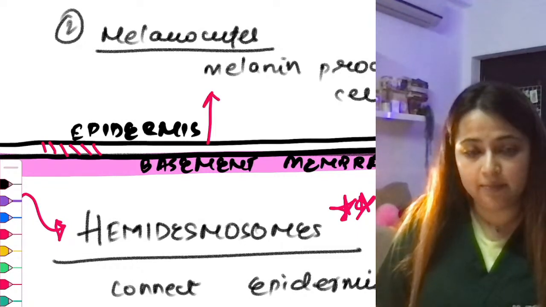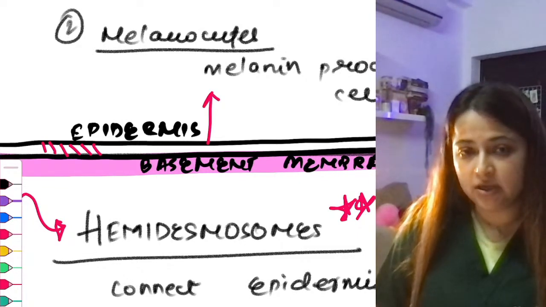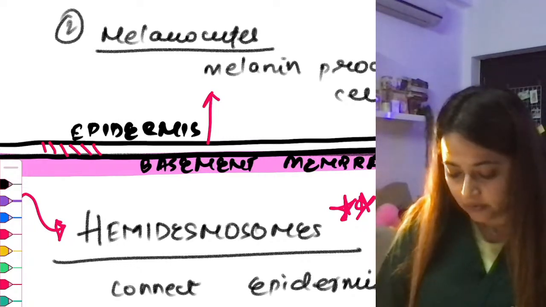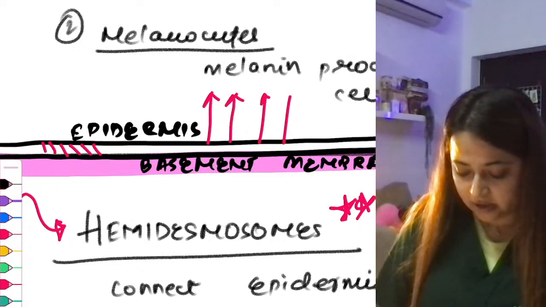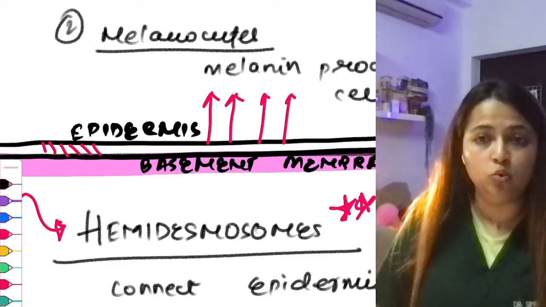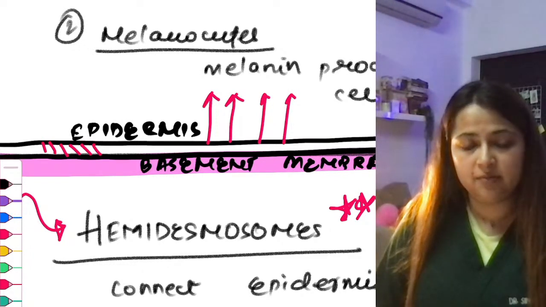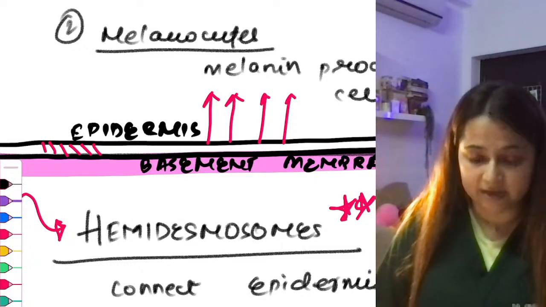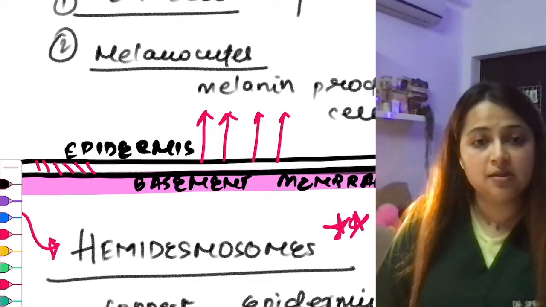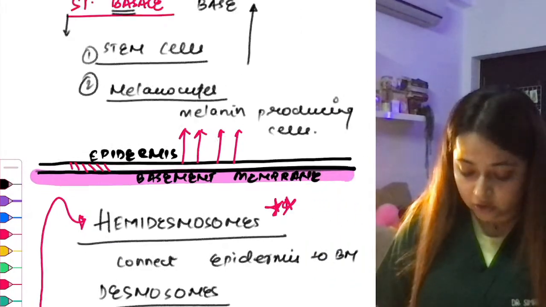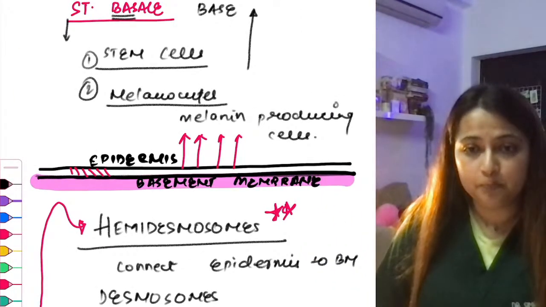Epidermal detachment. The epidermis will be detached from the underlying basement membrane, because the glue, or the Fevicol, you can say, that is present between the epidermis and the basement membrane and keeping them together is gone. That is hemidesmosomes. This is what you need to know before talking about Pemphigus vulgaris and bullous pemphigoid.